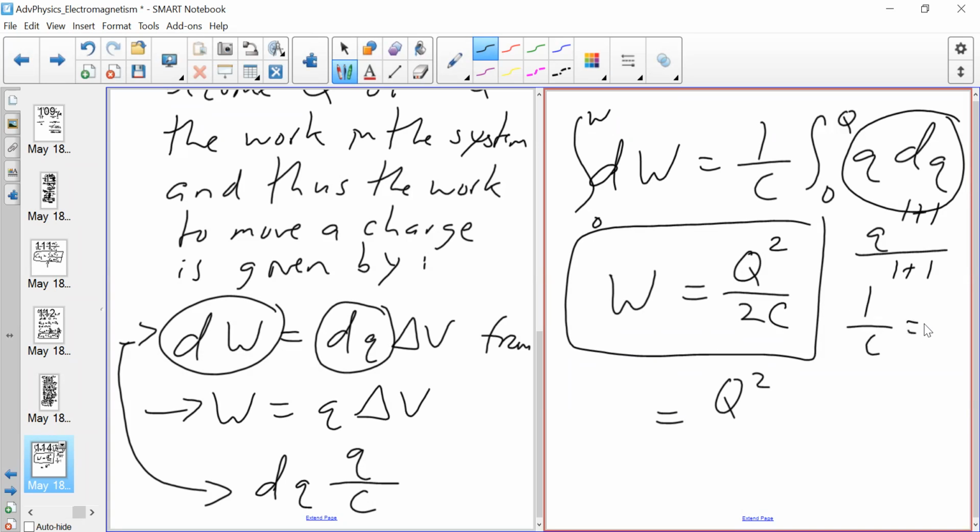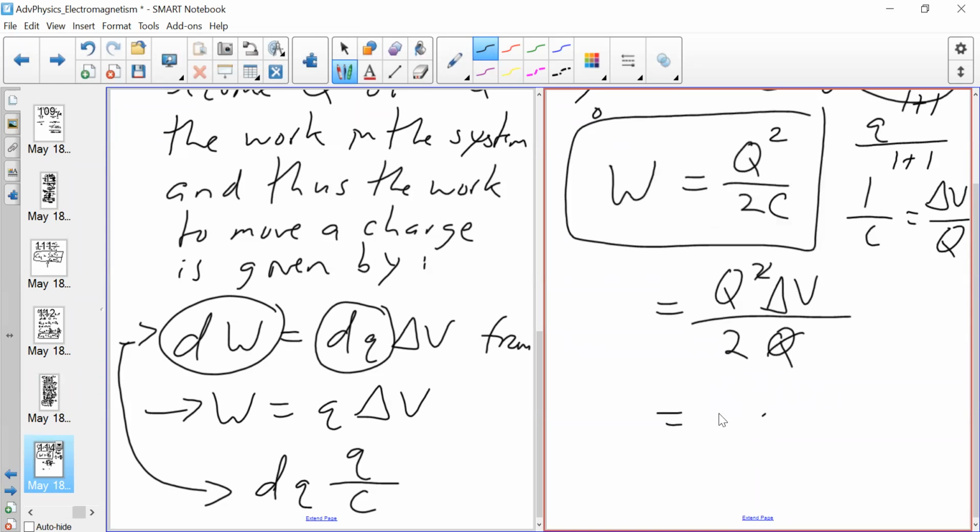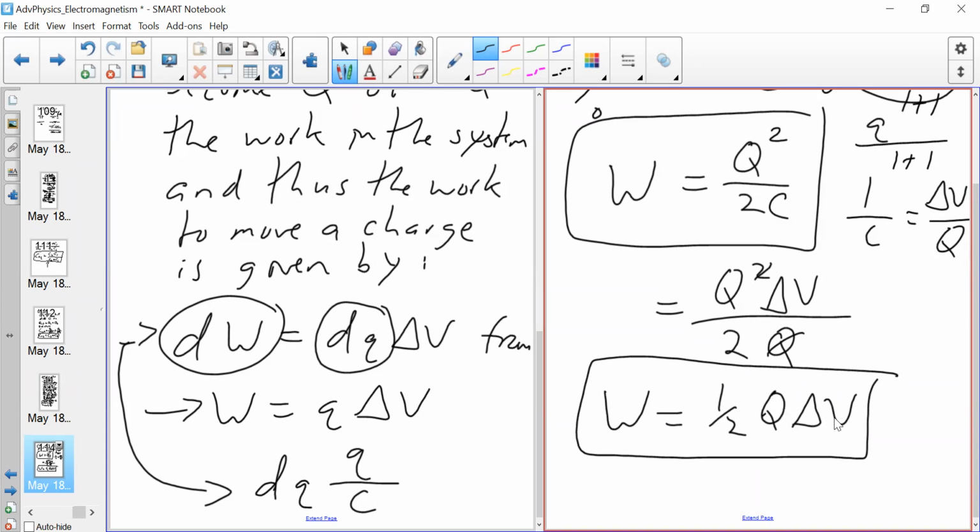So 1 over C is delta V over Q, and then that's Q squared times delta V over Q, over 2. So the work equation becomes 1/2 Q delta V. So that's another expression for work when you know charge and voltage.